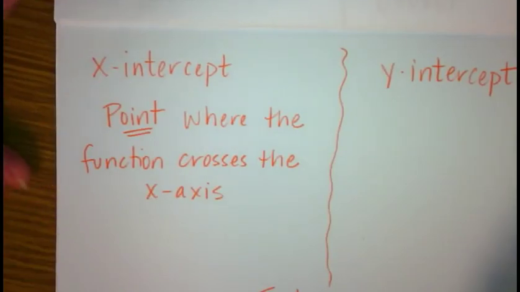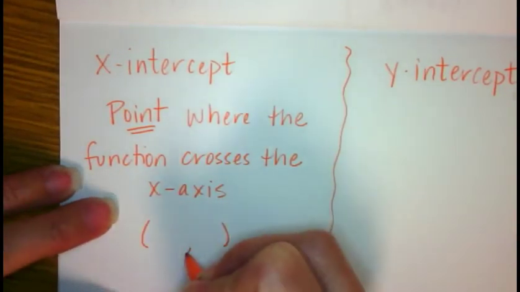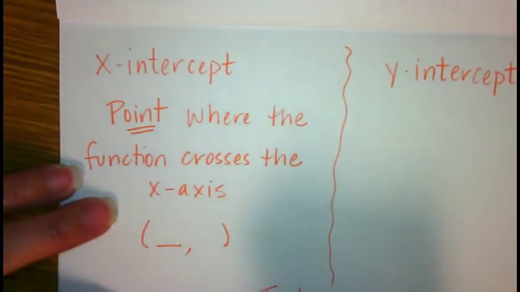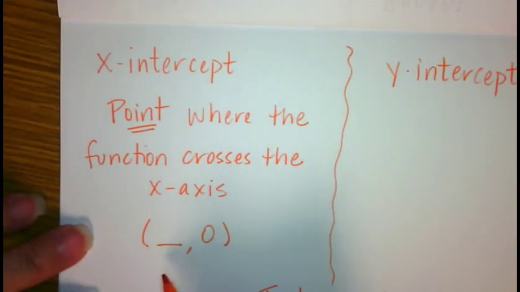So if we're looking at a graph, we're going to follow the function, and we're going to find the point where the function crosses the x-axis, and that point is the x-intercept. So when we go on a graph, the x-axis is where y is always going to be 0. So the point for the x-intercept is always going to be something, 0.